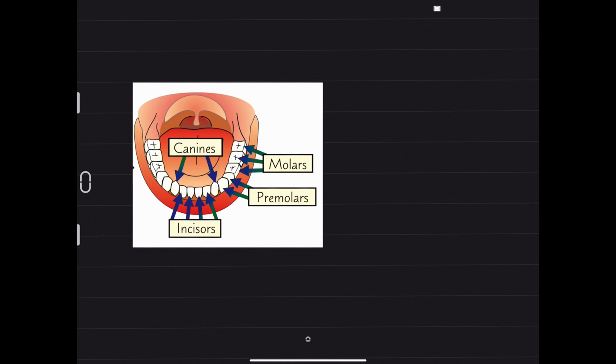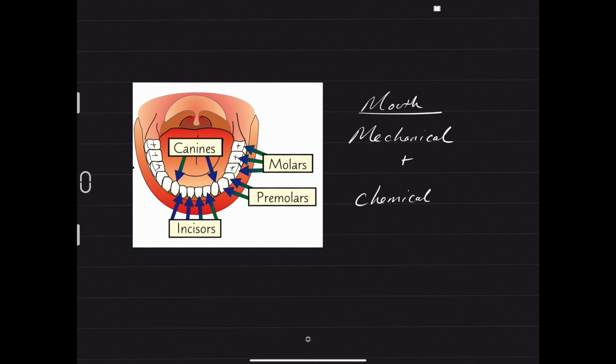But you also have salivary glands that secrete a certain type of enzyme, which results in chemical digestion. So in the mouth you have both mechanical digestion and chemical digestion.